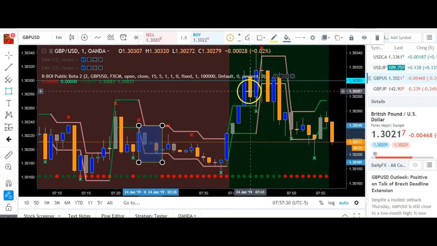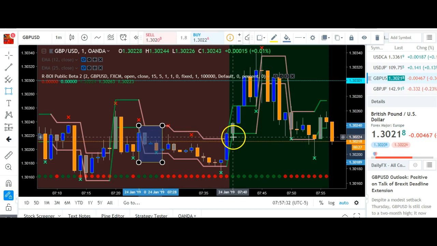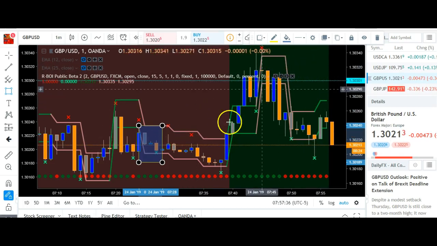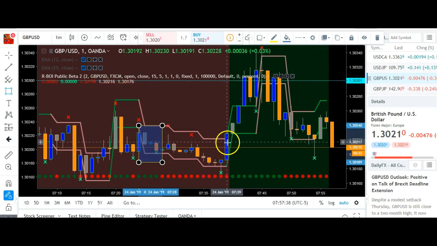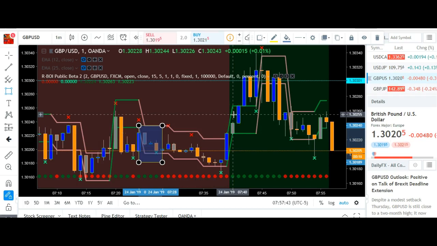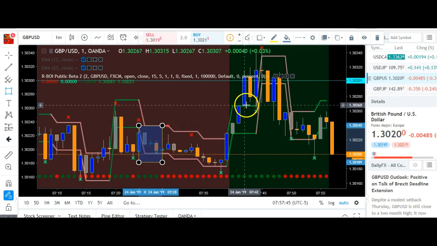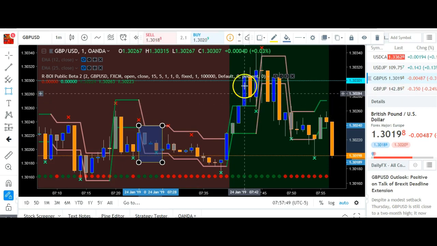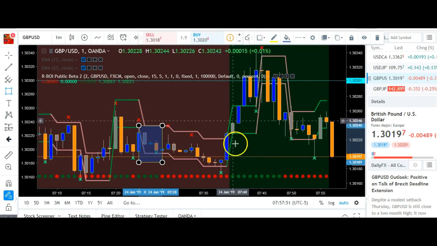If I'm looking upward, right, I want to see the dominant pressure in the market going up. So my first signal candle, I want to see up, and then my third candle that comes, I skip the second one, that third one comes, I want to see that up, and I want to see all green around me.